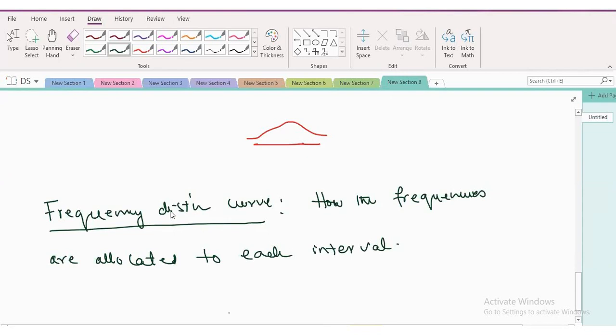Yes or no? This is a very, very important curve. We are going to use this maybe 1 lakh times in the future. So you can understand the importance of the histogram.